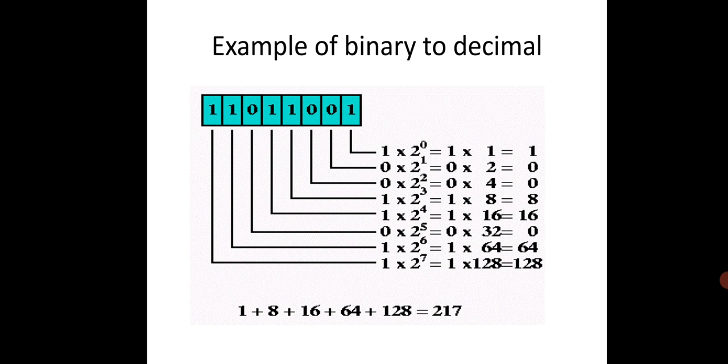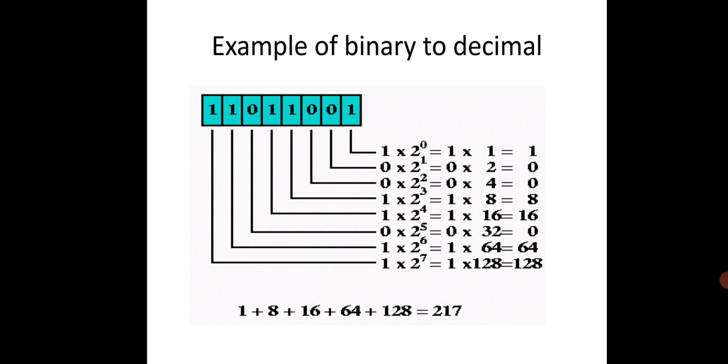So while conversion you have to start from the left hand side, that is 1 into, as you can see in this example there is no decimal point given. So these are all integer values. So you have to start from 2 raised to 0.